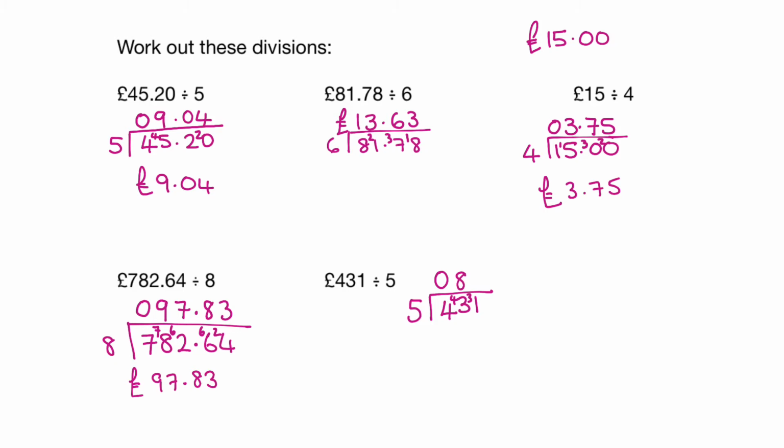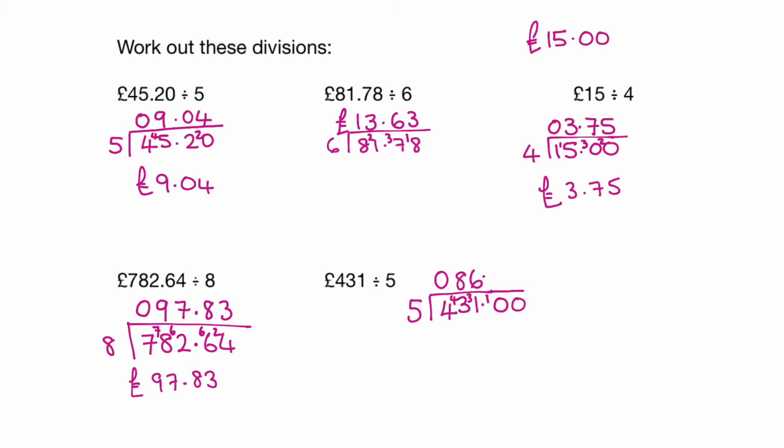Well, 6 5s are 30, and then we've got 1 left over. But we haven't got anything to carry that 1 on to, so we need to just be using our smarts like we did before, and we can write £431 as 431.00, can't we?